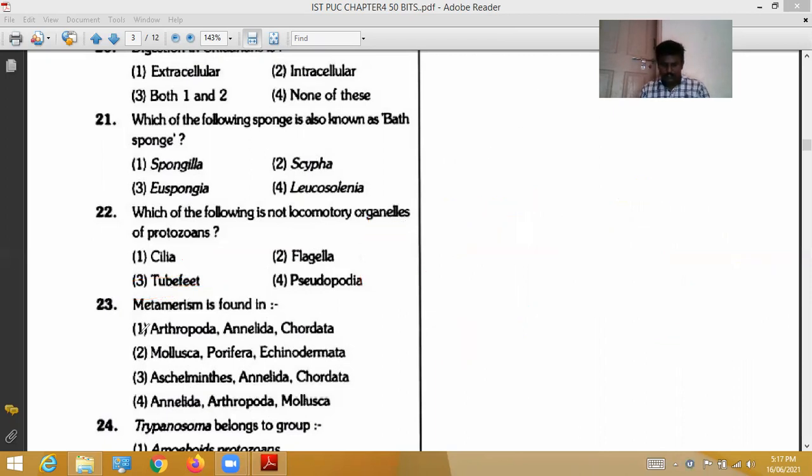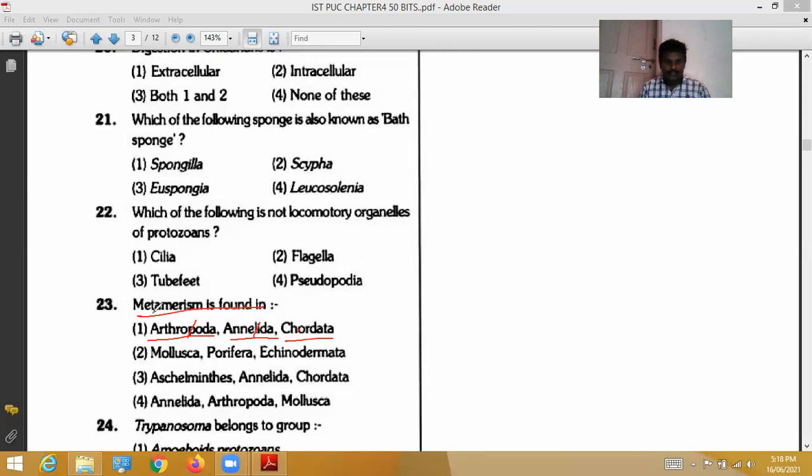Next, 23. Metamerism is found in arthropoda, annelida, chordata. Metamerism, as we already discussed, means the body is externally and internally divided into segments.